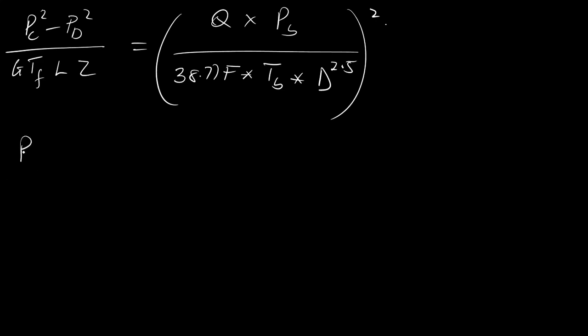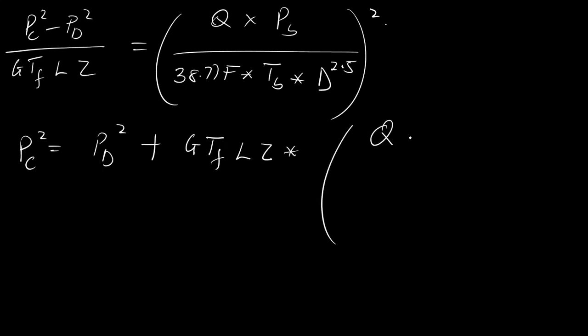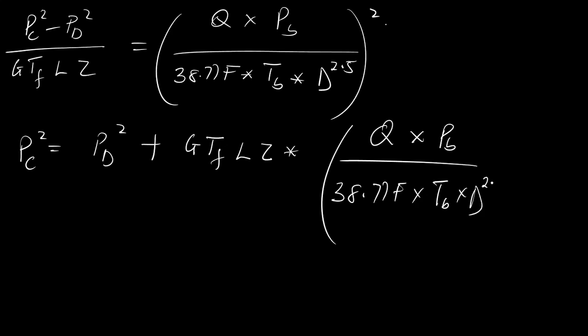Now PC square will be PB square plus GTFLZ times Q times PB divided by 38.77F times TB times D raised to power 2.5, all squared.